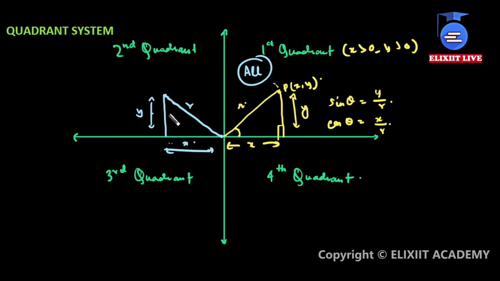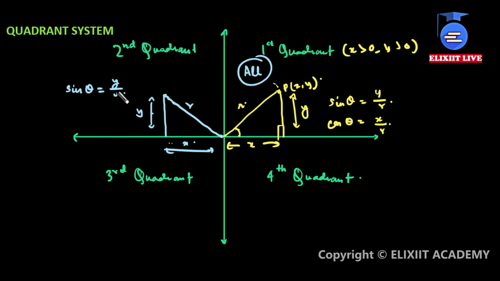So here, first of all, y is positive, but x is negative. So sine theta is what? Sine theta will be y by r. No problem with this because y is positive. Sine theta is positive.